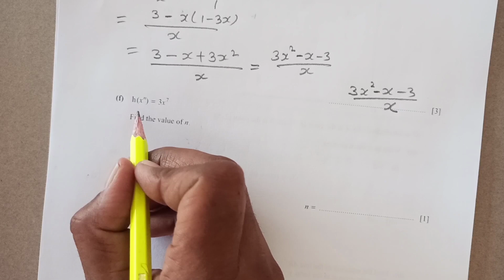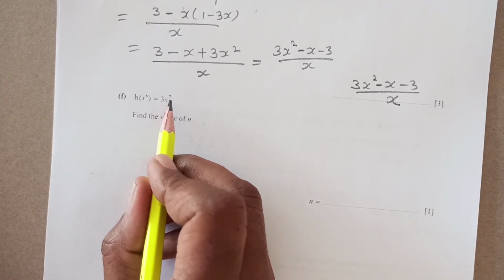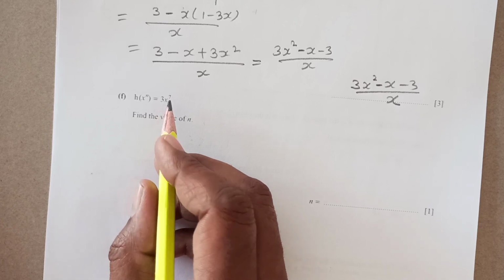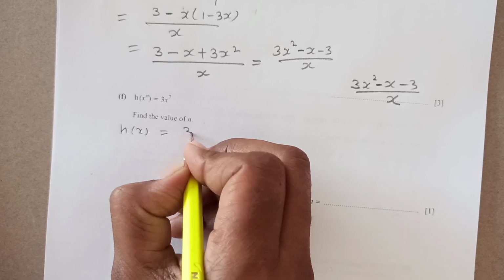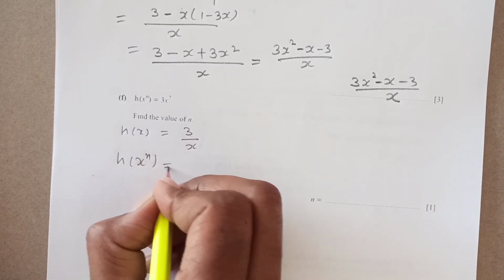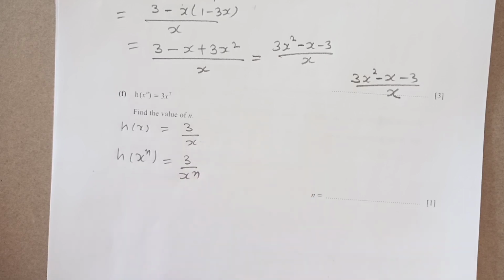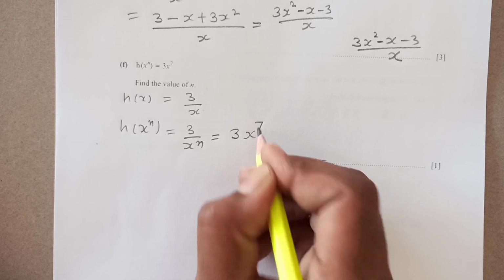Now h of x to the n equals 3x to the power 7. Now h(x) is 3 over x. So h of x to the n is 3 over x to the power n, right? And this is given to us as 3x to the power 7.